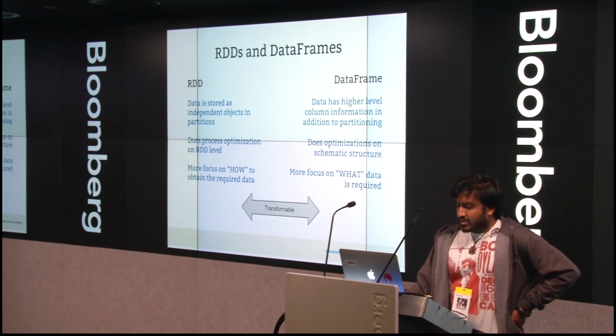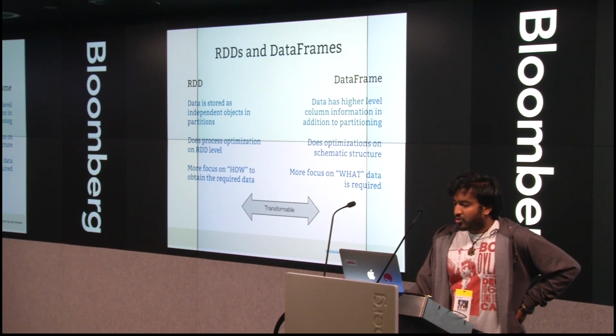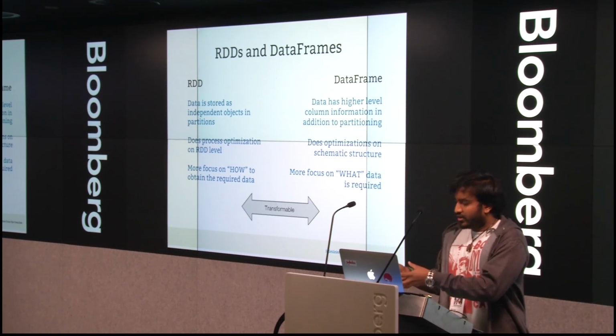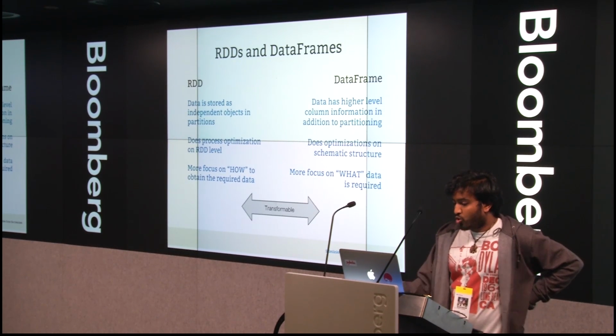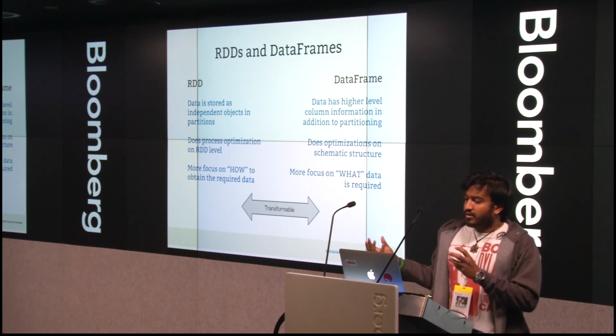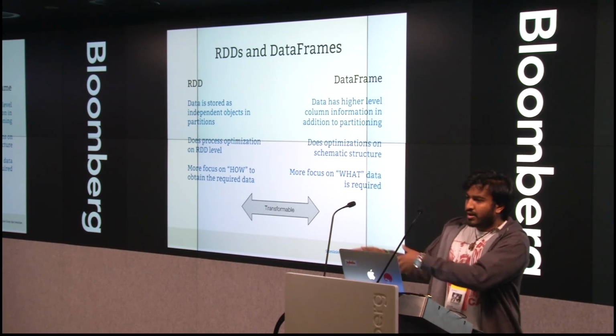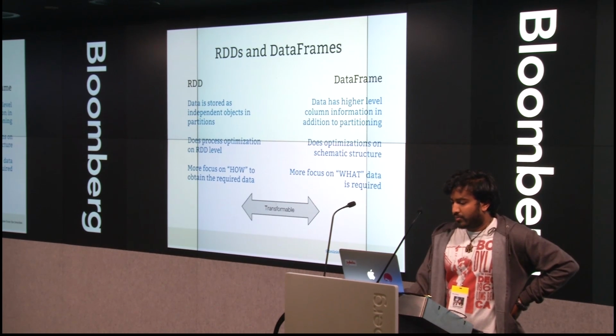And RDDs do process optimization. Maria was digging deep into it. What it means is we give the core Spark API something to do, it builds a directed acyclic graph out of it, and then it launches a data pipeline.